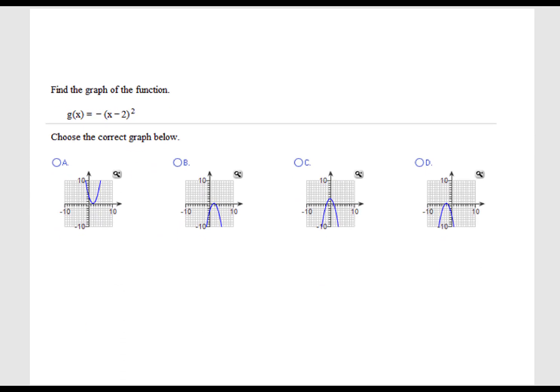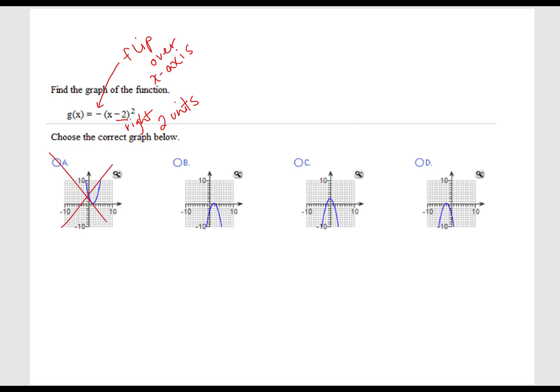Okay, so same thing here. Let's go ahead and do it without using a calculator. So I know that this is going to move my function right 2 units. And then this negative out in front of the function will flip it over the x-axis. Okay, so I can get rid of this one because it's not flipped.